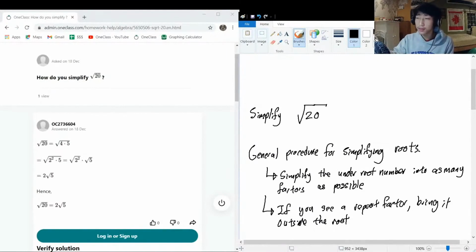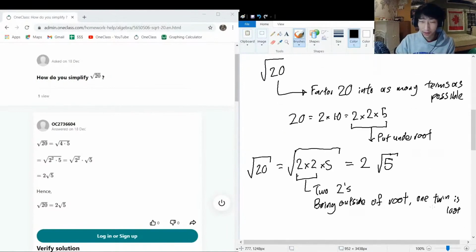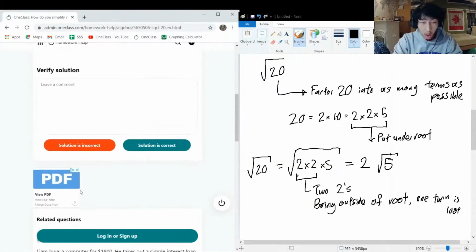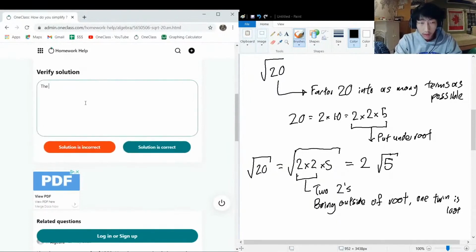Twins under the root become single children outside of the root. Okay, cool. So that would be the solution that we give, and things look good. Awesome.